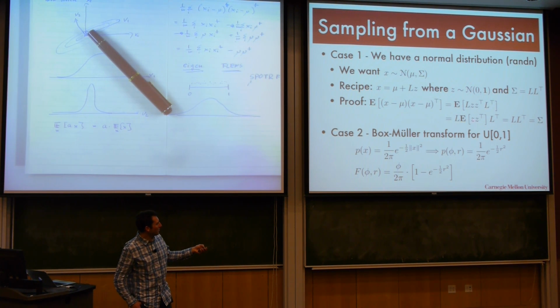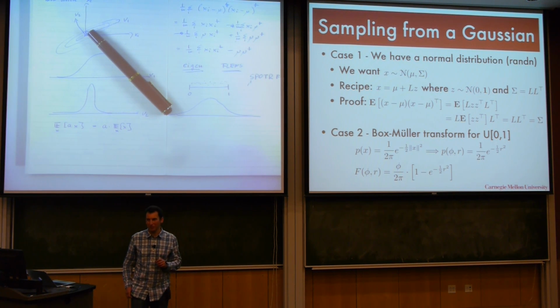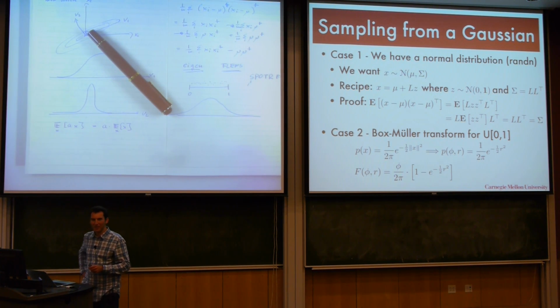And then once I have this, I know what the expected value of Z Z transposed is, because that's just the identity matrix. That's how I constructed it. So we have LL transpose, and lo and behold, that's exactly what we plugged in. Okay? So this is how you can color a Gaussian.